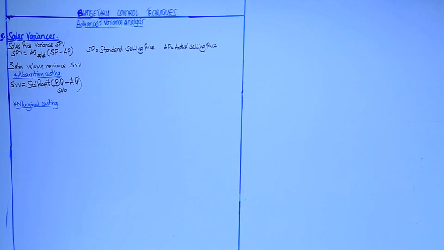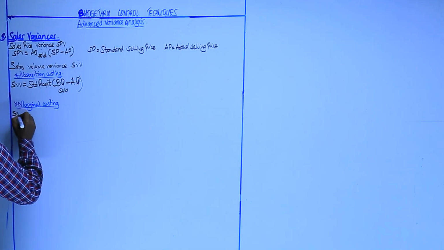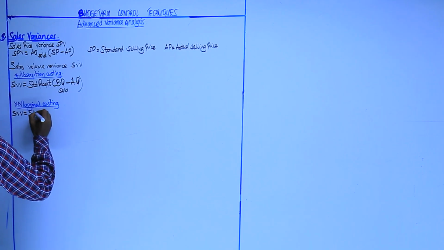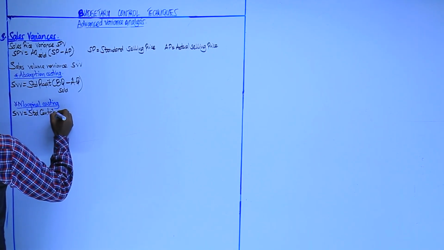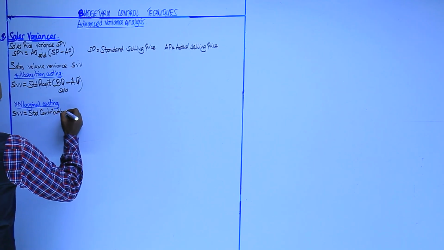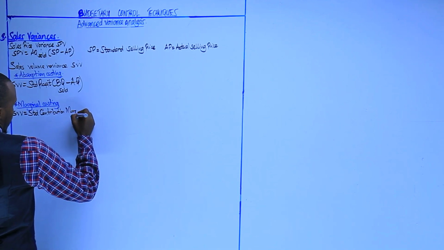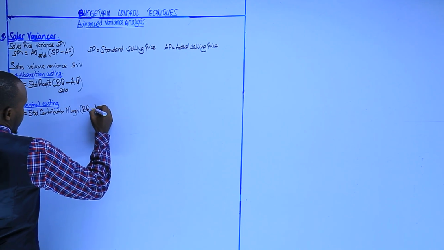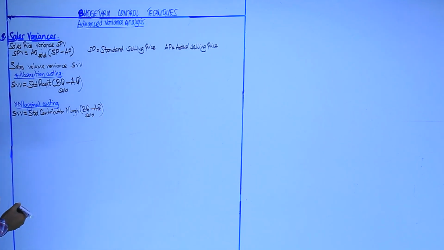Using marginal or contribution costing, your sales volume variance will be your standard contribution margin times budgeted quantity minus actual quantity sold.